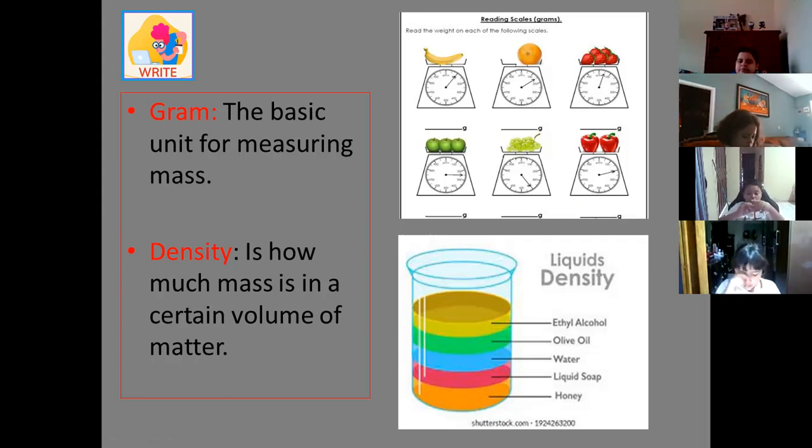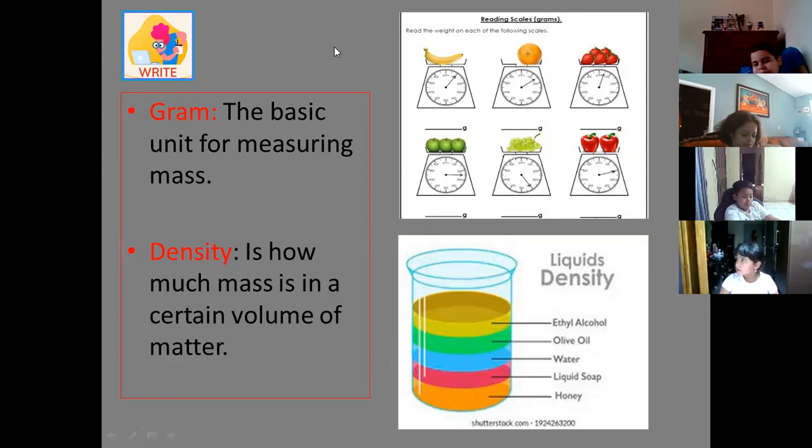So the honey has a lot of mass in it, okay? The liquid soap is lighter. The water is lighter. The olive oil, remember when I showed you the video of that glass of water with oil and they were moving, and some of you were telling me, that is magic.